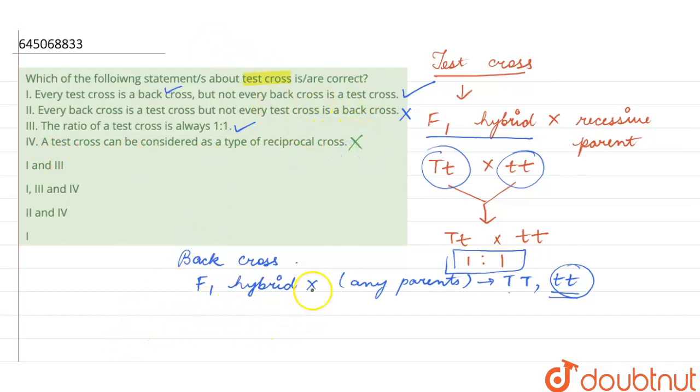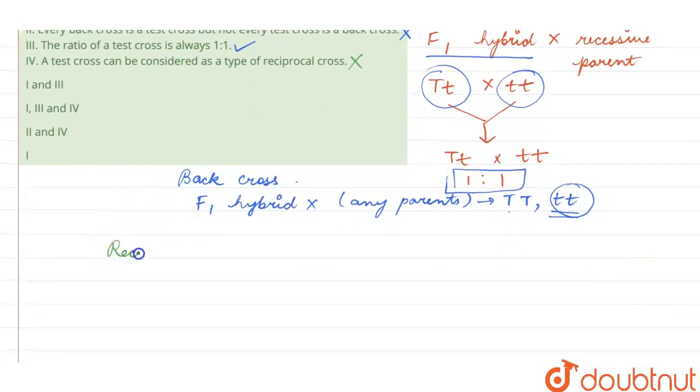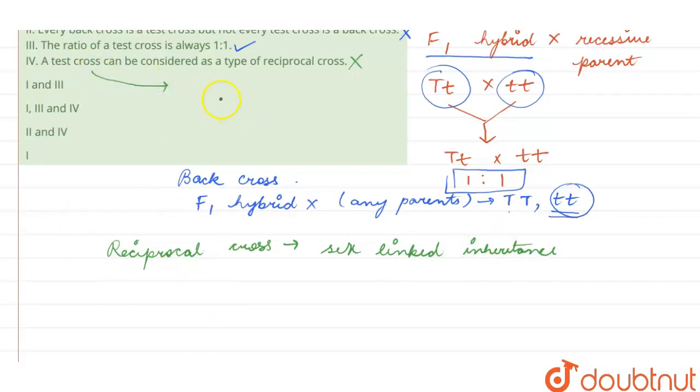Why? Because a reciprocal cross is a cross done to identify sex-linked inheritance. Whereas a test cross is performed to identify the zygosity of the progeny.